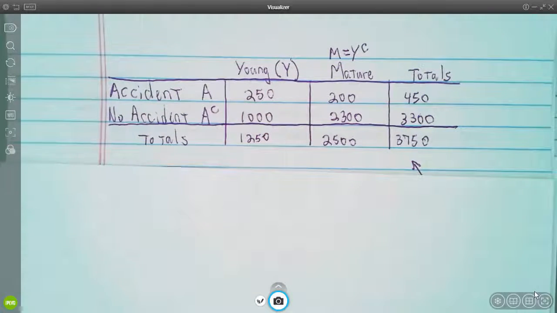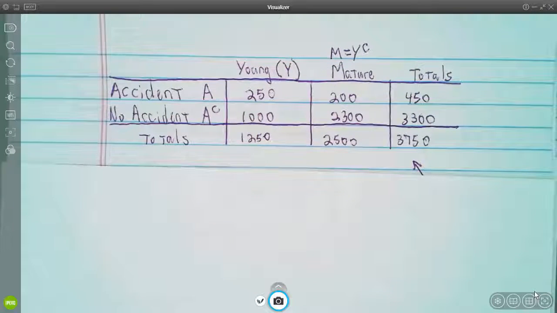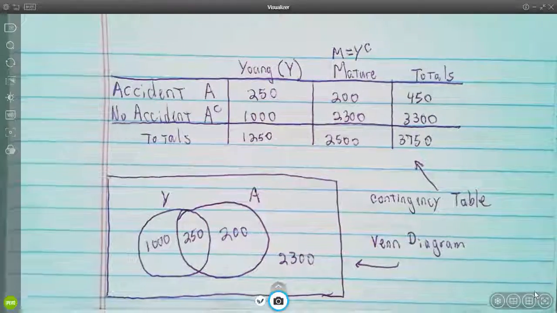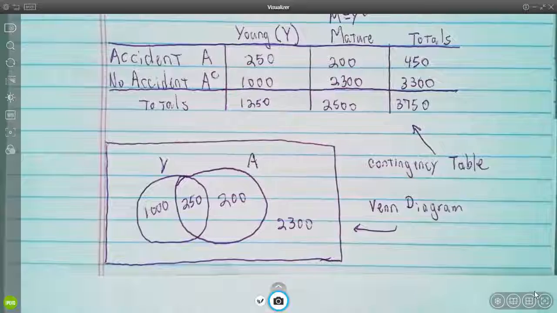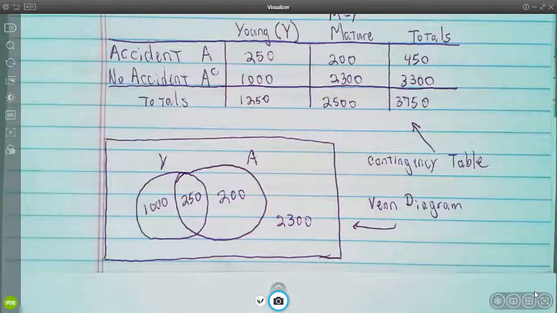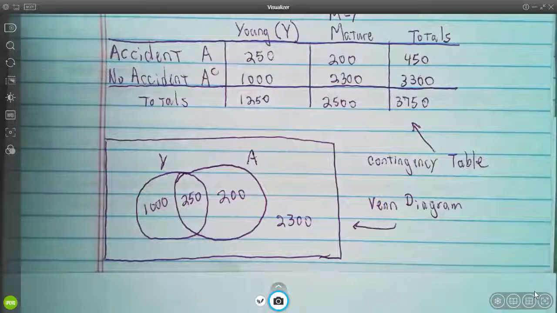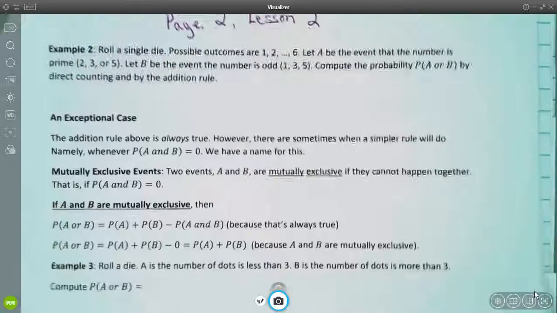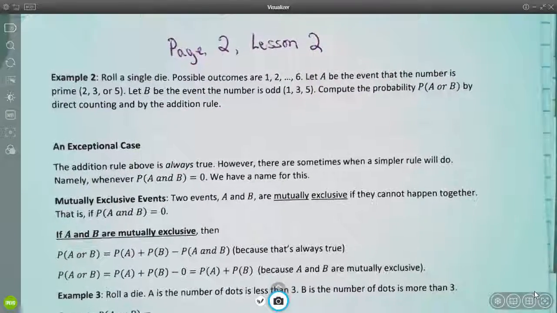We explained how you can represent the same information with another kind of diagram called a Venn diagram. We won't go through that again, but that's where we are in the lesson. If you need some of that material, go back and look at one of the 3 parts on page 1. At this point, we're ready to move on to page 2, which begins with another example.